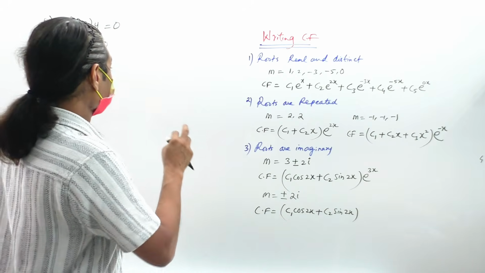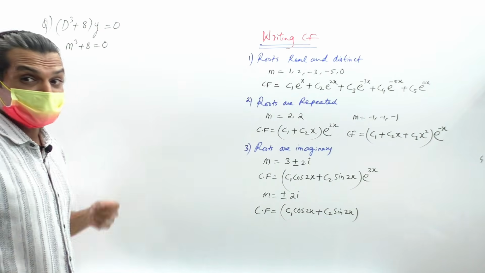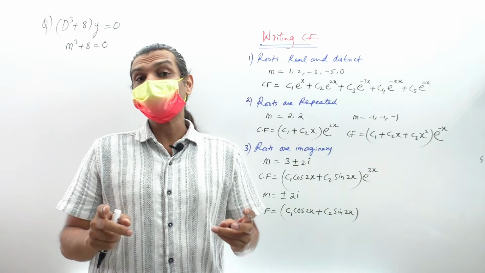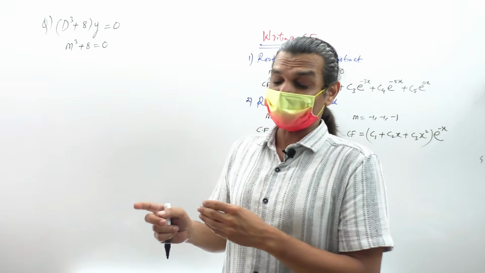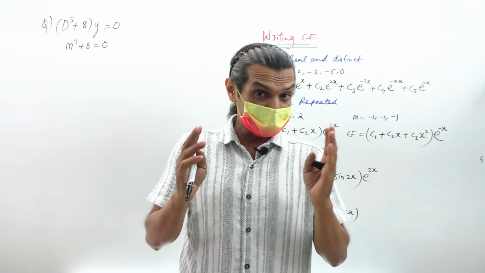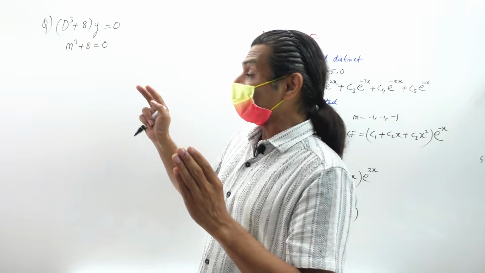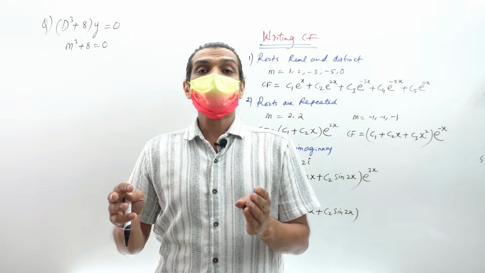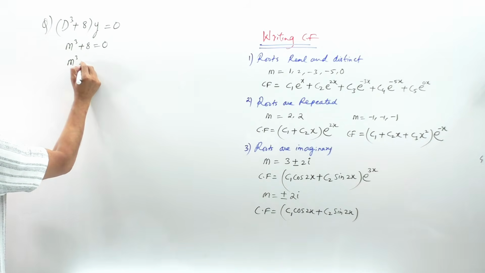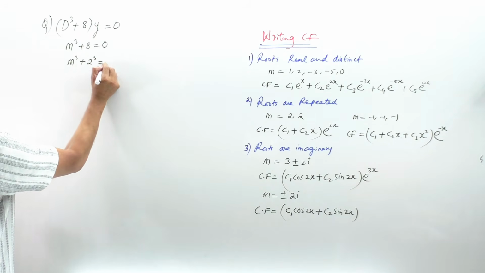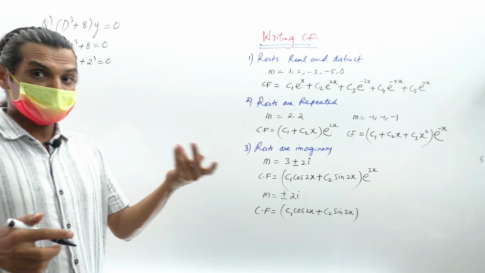Remember. Okay. So, for m cube plus 8 is equal to 0, if you want to solve it manually, the formula applies. I have given it to you at the beginning of this class, that is a cube plus b cube is equal to a plus b into a square minus ab plus b square. So, this is written as m cube plus 2 cube. First I will show it manually, then we will use the calculator.